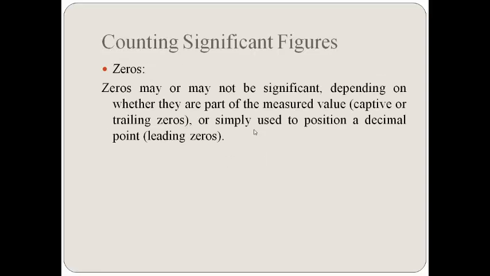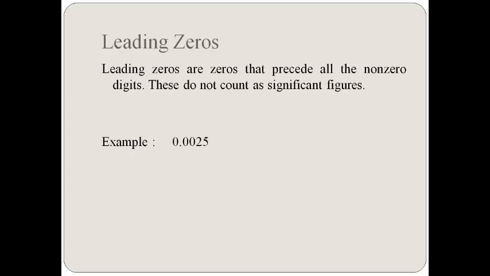Now let's see how to count significant figures while we are dealing with zeros. Zeros may or may not be significant depending on whether they are part of the measured value. They can be captive or trailing zeros, or simply used to position the decimal point, which are called leading zeros. So we are dealing with 3 types of zeros: leading zeros, captive zeros, and trailing zeros. Let's see what leading zeros are.